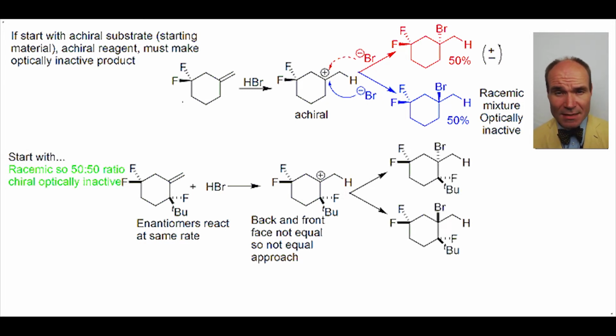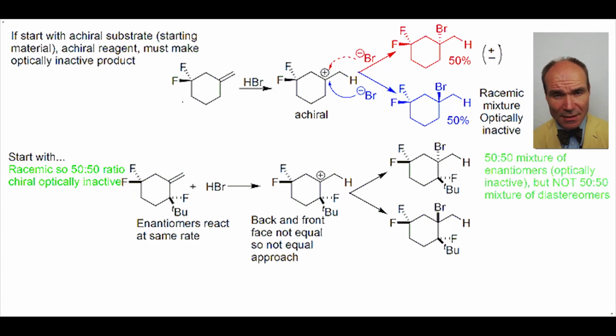Where the substrate is a 50-50 racemic mixture of enantiomers, it is chiral but optically inactive. The product is a 50-50 mixture of enantiomers that is optically inactive, but not a 50-50 mixture of diastereomers.